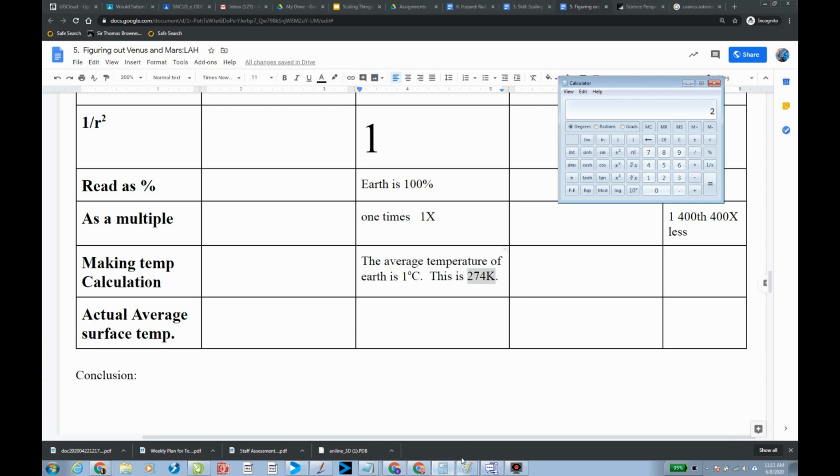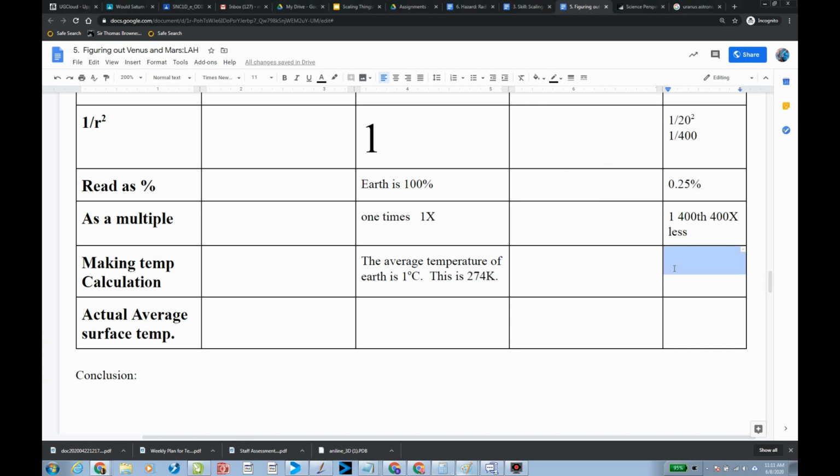I'm going to take 274 divided by 400 and I get a temperature of 0.685 degrees. I'm going to round it. My prediction is 1 Kelvin.